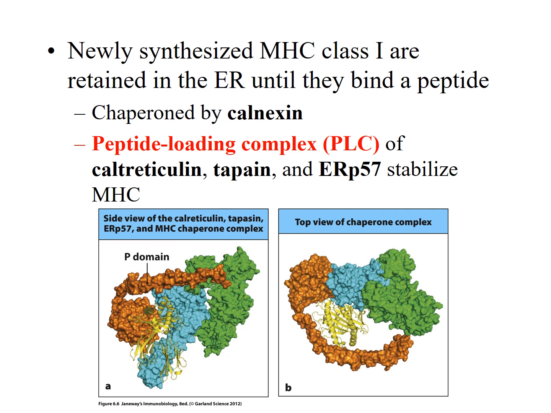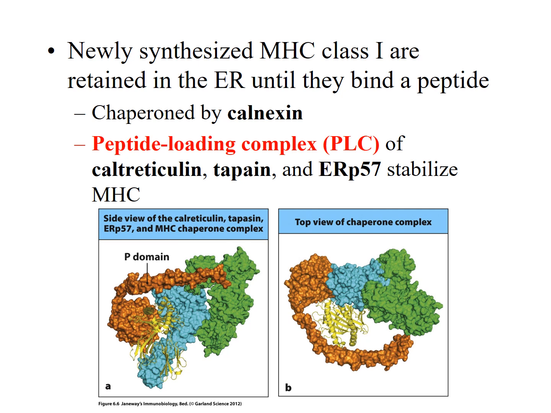So, even though the class I may be complete, quote-unquote, in that all the parts are there, it's still not the right shape. Still not ready to go. It needs to have a peptide, that epitope, bound into it for it to have any activity.